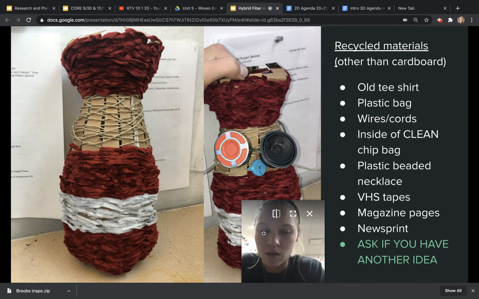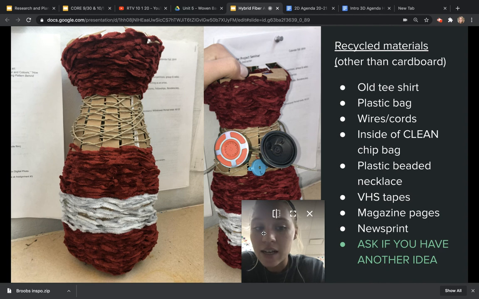Think about color scheme too. For example, if you went to Ulta and you really like their color, you want to make sure you use that same color, you can. Wires and cords are good. If you have an old phone charger that doesn't work anymore, we don't want you to use anything that you need back, but one that doesn't work, usually you can find some of those.